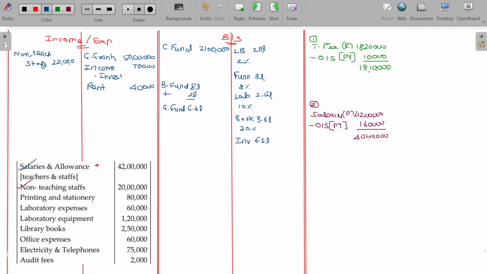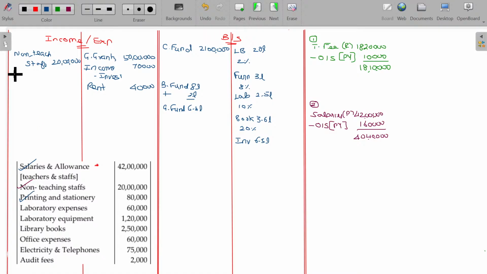Lecturers and teachers' salary will be called teachers and staff salary. Non-teaching is nothing but administration, the office staff, watchman, gardener, and others other than the teachers. Their salary will also form part of it. That will be called non-teaching staff salary.